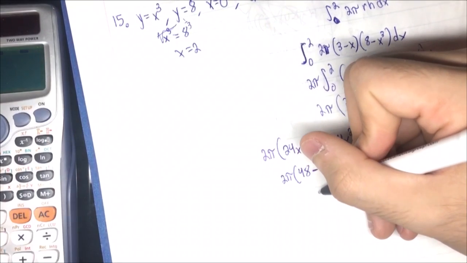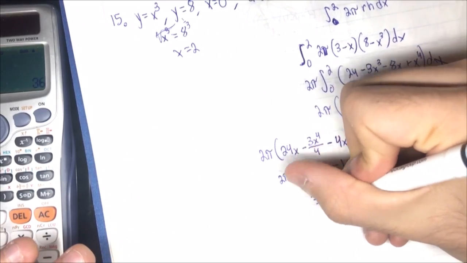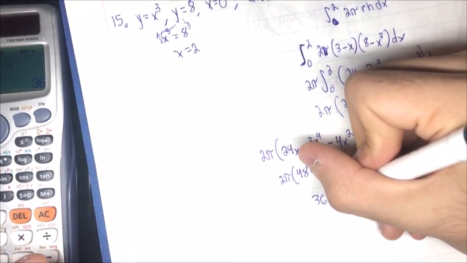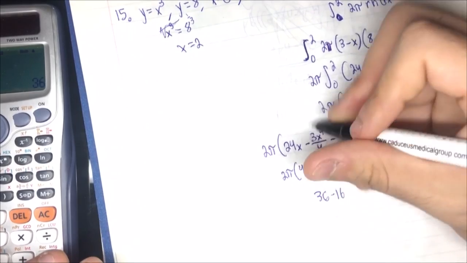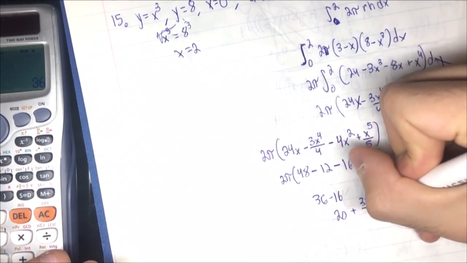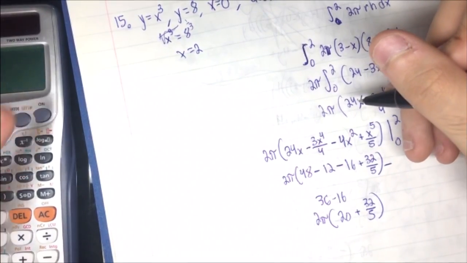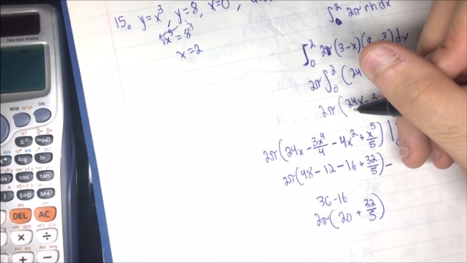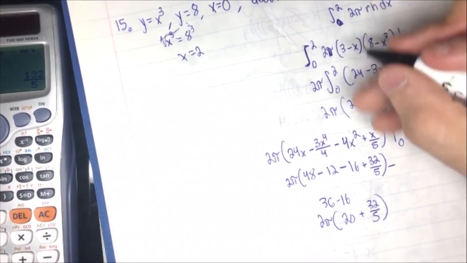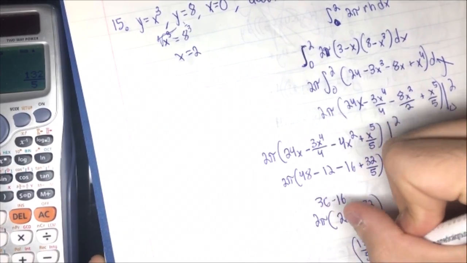So 48 minus 12 is 36, minus 16 gives us 20. 20 plus 32 over 5 gives us 132 over 5.